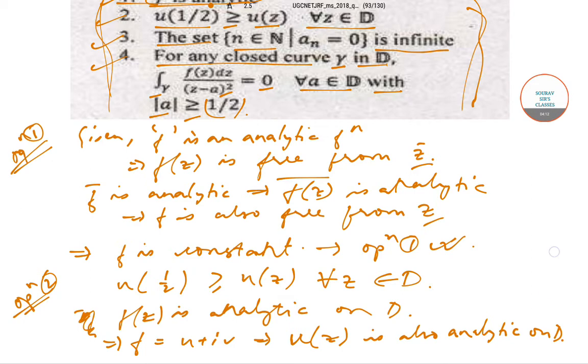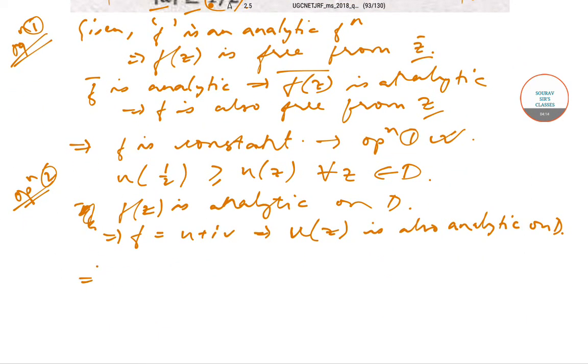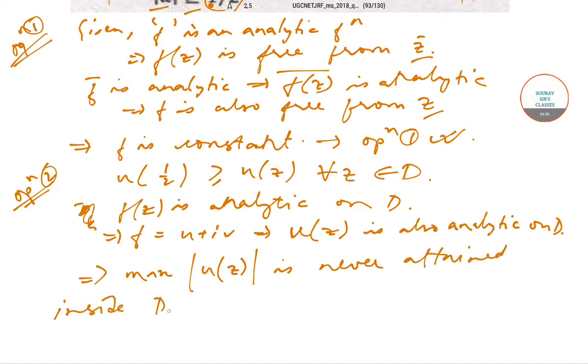Now if u of z is analytic on D, then that implies that the maximum of mod of u(z) is never attained inside D unless u is constant.